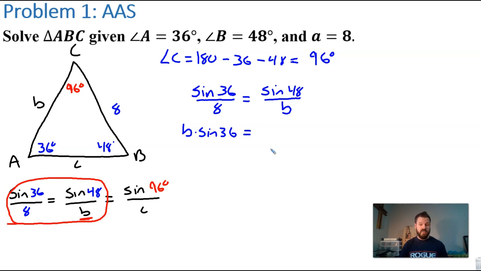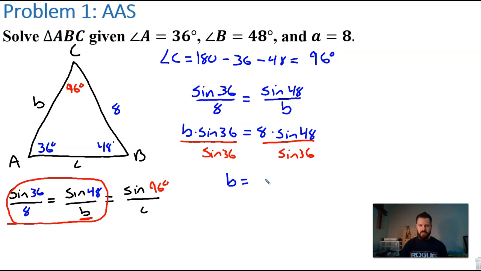That's our general way of solving a proportion: cross multiply and divide. Then to get b by itself, I'll divide both sides by sine 36. And that's going to give me that b is equal to this ugly expression here, 8 times sine 48 divided by sine 36.